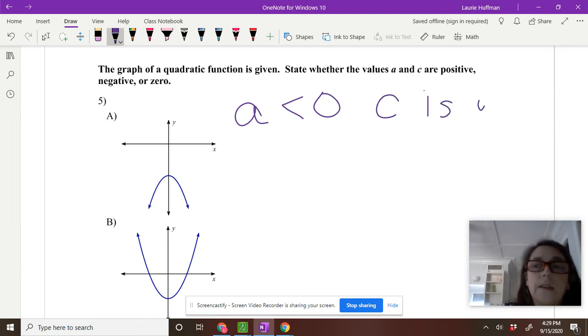C is the y-intercept. So in the first problem, since the y-intercept is below the x-axis, c is negative.